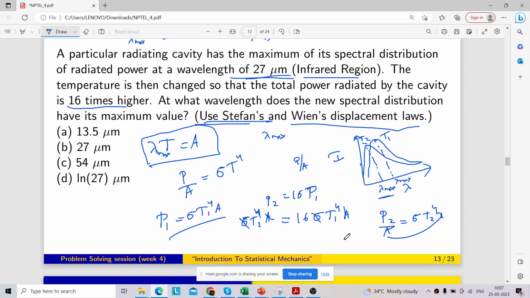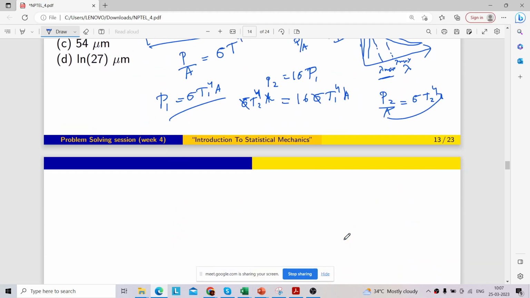So effectively what I am getting is T2 to the power 4 over T1 to the power 4 equal to 16. So I can get the relation between T2 and T1 as, I can write this 16 as 2 to the power 4, right?